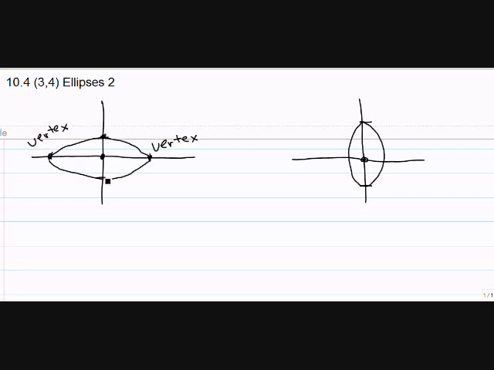The short axis has the co-vertices. So here are my vertices for the one that's vertical, and my co-vertices.